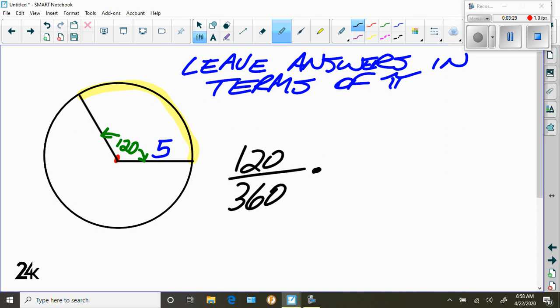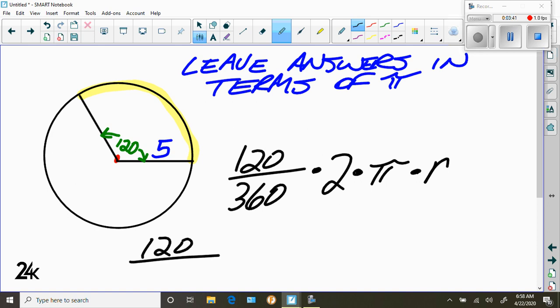Then you multiply it by 2, then multiply it by pi, then multiply it by r. So this is going to be 120 over 360 times 2 times pi times 5.